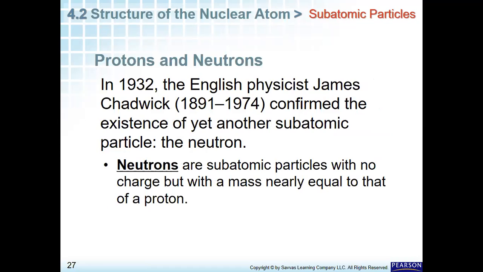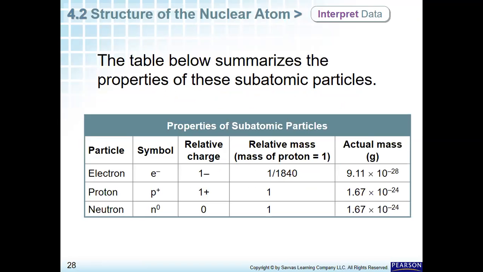Later, James Chadwick confirmed the existence of yet another subatomic particle called the neutron. Neutrons are subatomic particles with no charge, but with mass nearly equal to the mass of the proton.